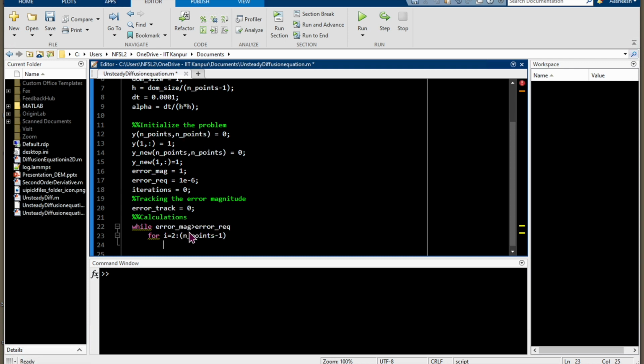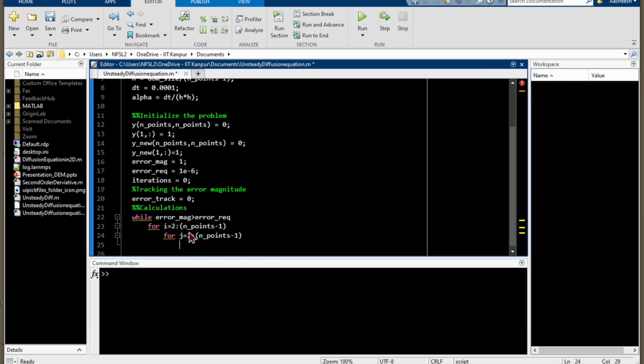Everyone knows why I'm starting these loops for x and y in the spatial domain, to n. So i, j I have started.